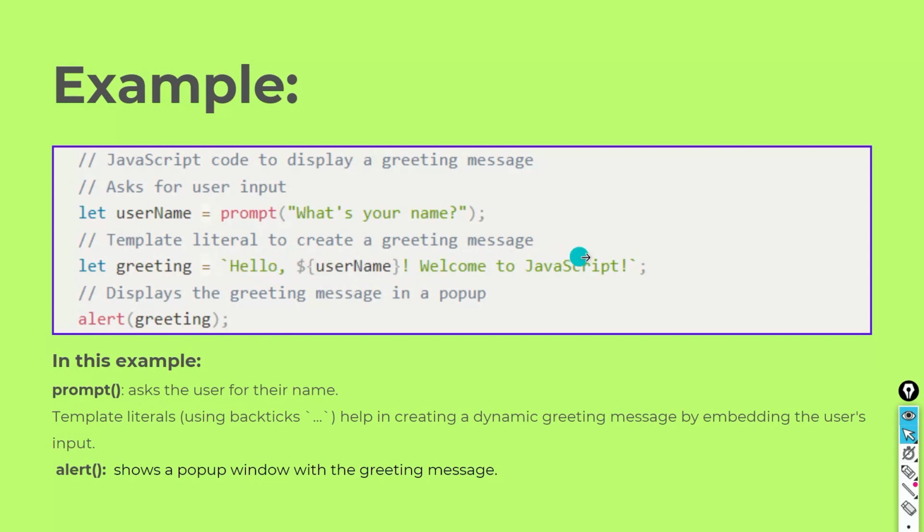This is called a template literal in JavaScript, which means we are concatenating strings. So you can see hello, then the string we are getting from the user, and welcome to JavaScript. And here we are alerting, which means displaying the greet message in a pop-up. A pop-up message will appear on the display saying something like hello, whatever the username is, welcome to JavaScript.